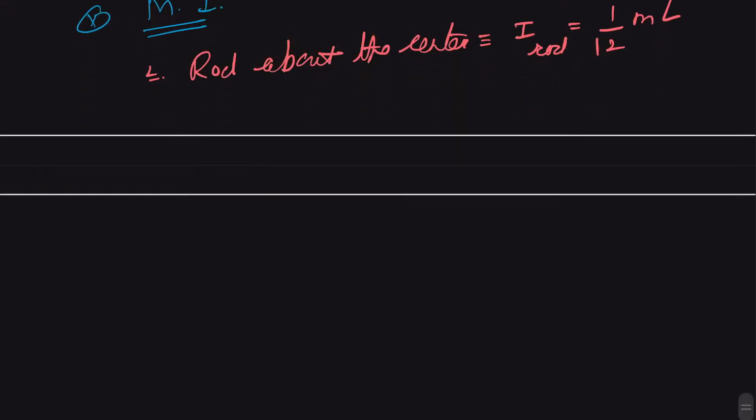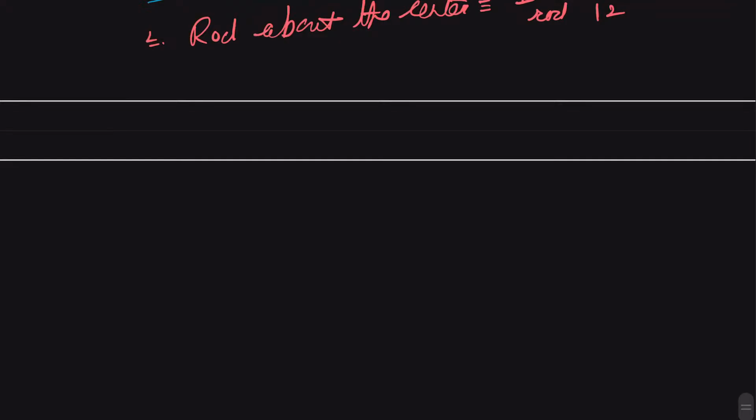And then, because it is a perfectly inelastic collision, both masses are going to stick with it. Then we get 2m, and it is at a distance of L by 4. Therefore, we can write the moment of inertia because of this mass 2m will be equal to our basic formula, that is m r square.